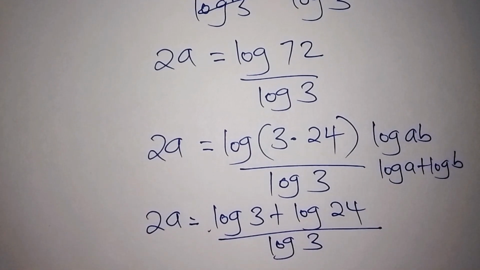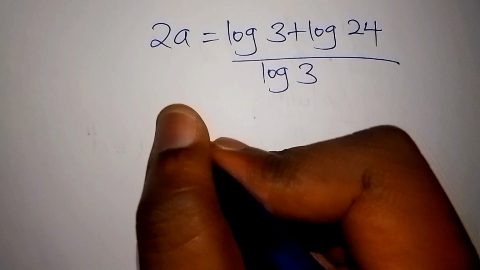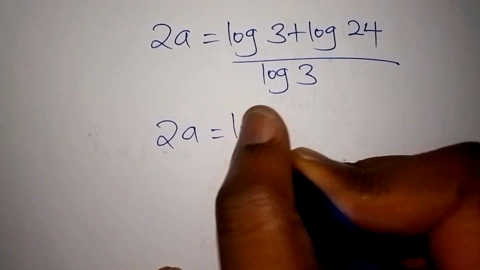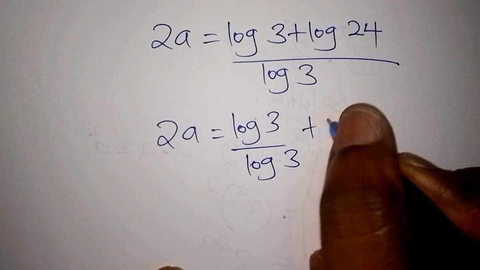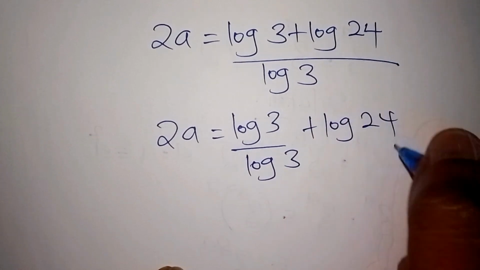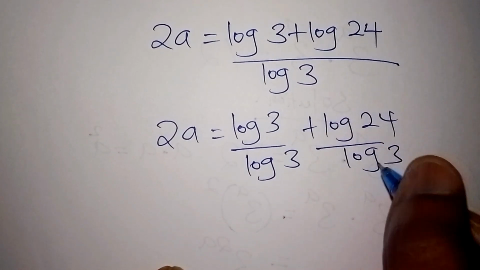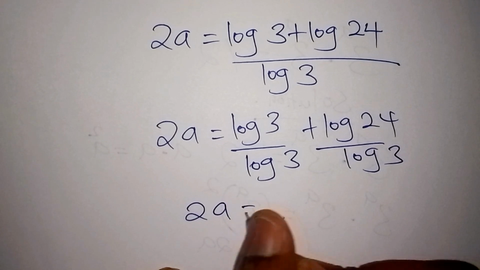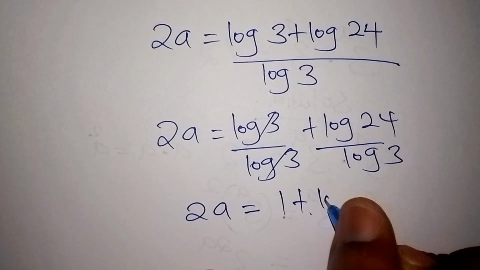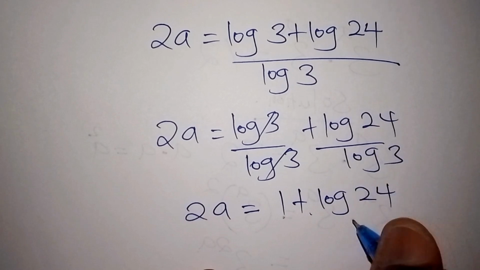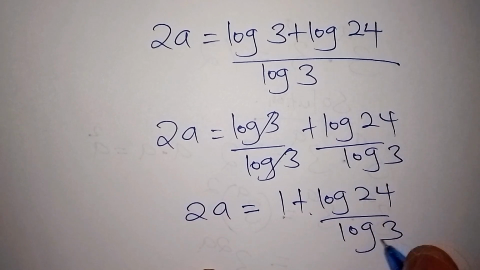Let's now rearrange it. When you work out this maths problem, 2a is equal to the log of 3 all over the log of 3 plus the log of 24 all over the log of 3. So our 2a is equal to, log 3 and log 3 cancel, now we shall have 1 plus the log of 24 all over the log of 3.